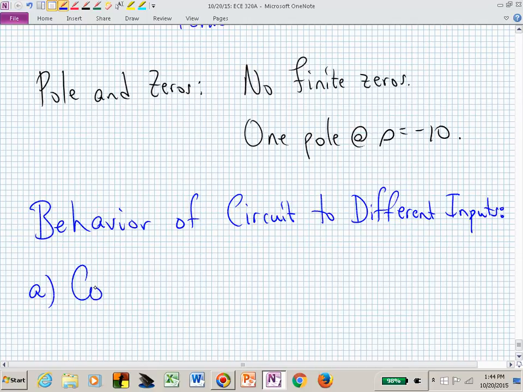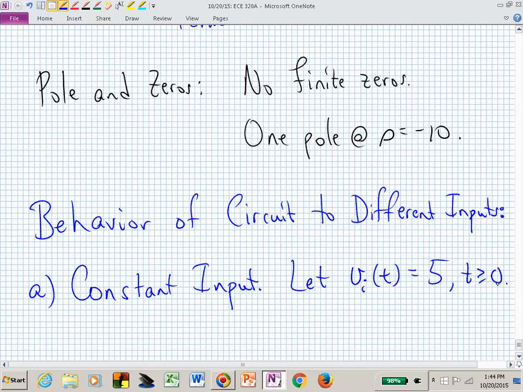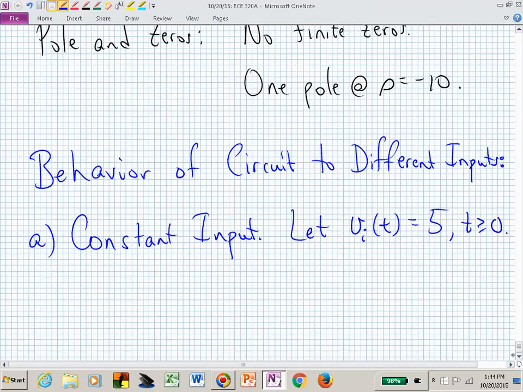Suppose that I had a constant input. In this case, my V sub I of t, let's say that somebody says, well, make that be 5 for all non-negative values of time.